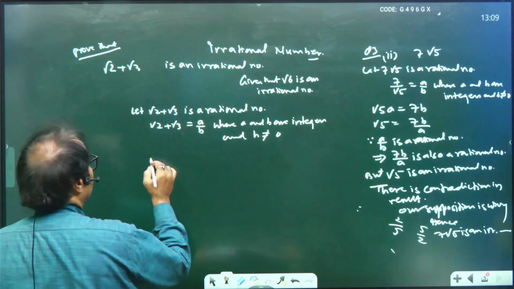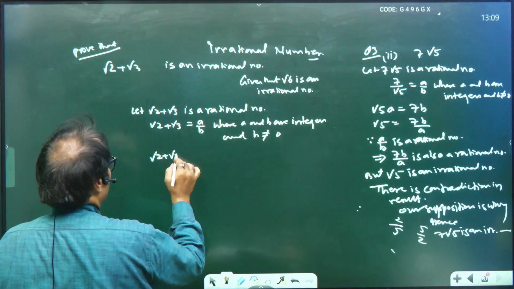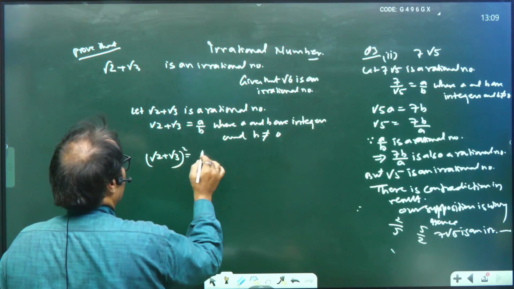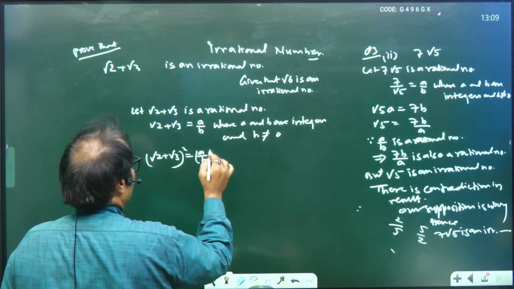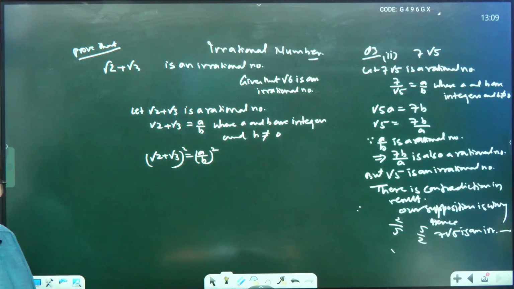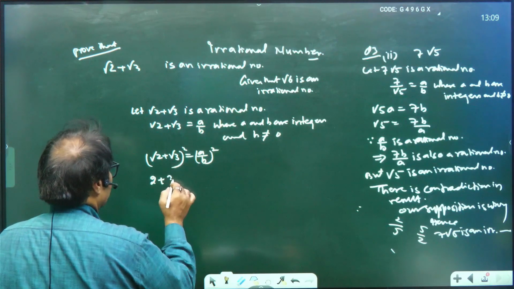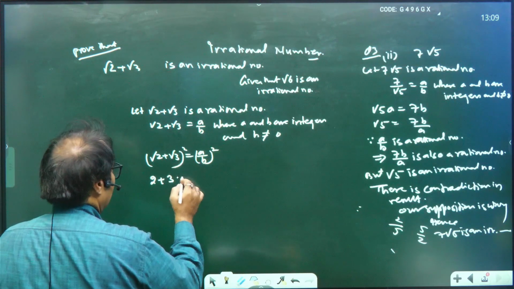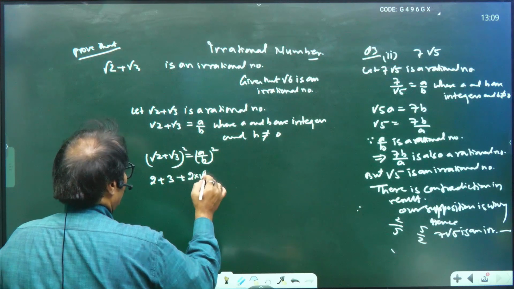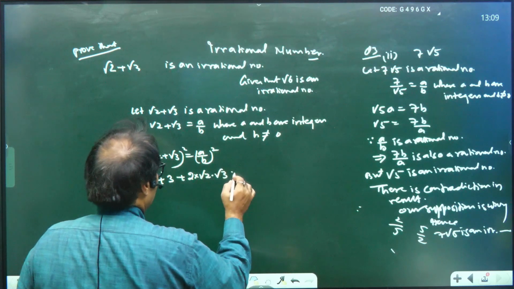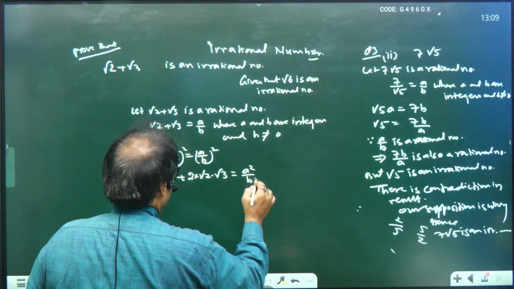Now squaring on both the sides. So root 2 plus root 3 whole square is equal to a by b whole square. Now apply the identity of a plus b whole square. So 2 plus 3 plus 2 root 2 into root 3 is equal to a square by b square.